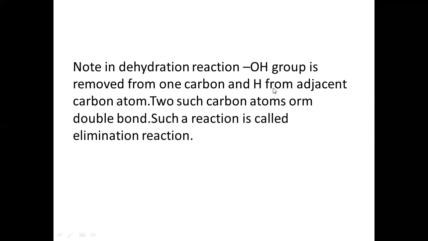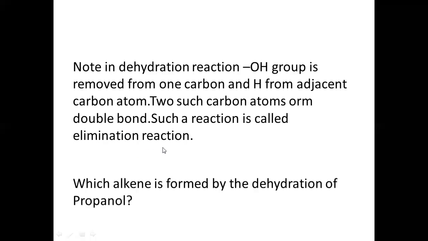For dehydration, it is compulsory that the hydroxyl group from one carbon atom and hydrogen from the side carbon atom, the adjacent carbon atom, will be removed. These 2 carbon atoms form a double bond, and such a reaction is called an elimination reaction, because water is eliminated: the OH group from one carbon atom and hydrogen from the second carbon atom are removed. That's why these types of reactions are called elimination reactions.